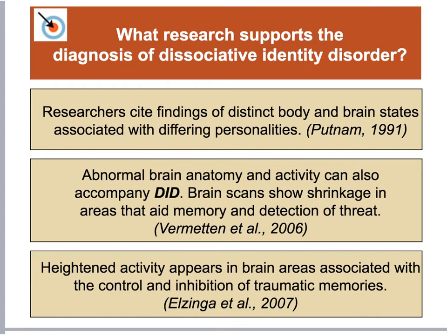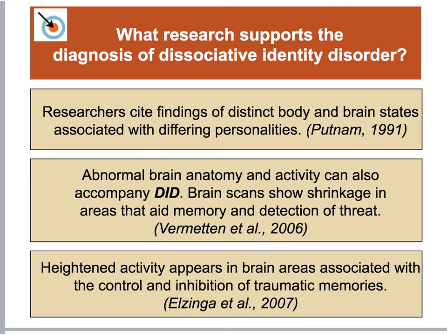So even though dissociative identity disorder has been criticized and some people don't understand or believe that it's a legitimate disorder, researchers have found a biological explanation. They've looked at different parts of the body and brain that differ in people who live with dissociative identity disorder.